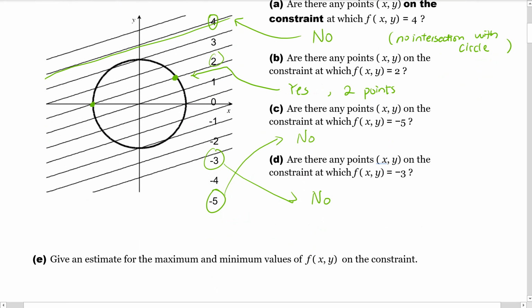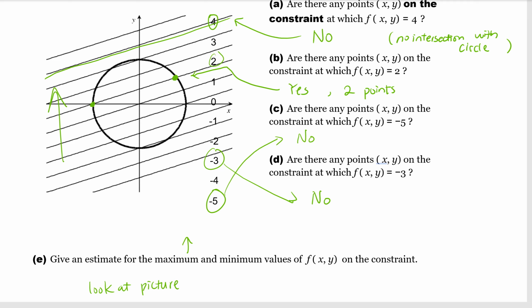Give an estimate for the maximum and minimum values for f of x y on the constraint. This depends on the picture, so let's look at the picture. We know the up direction is more like maximum values of f, and the bottom direction is more like smaller values of f, right?